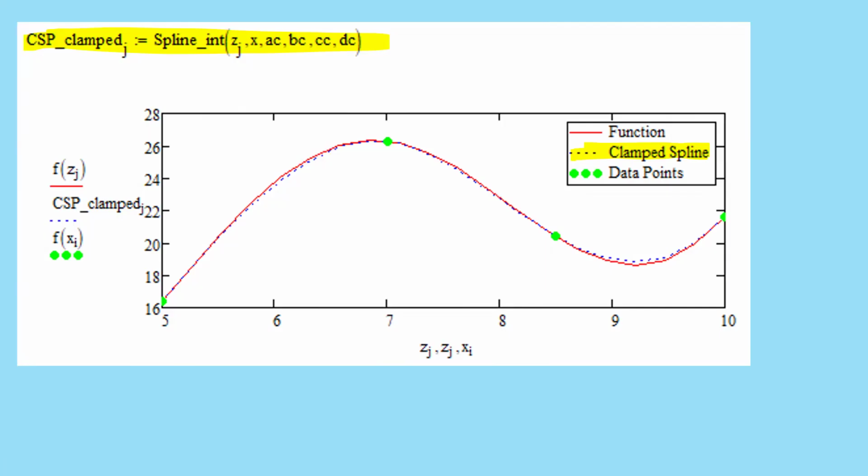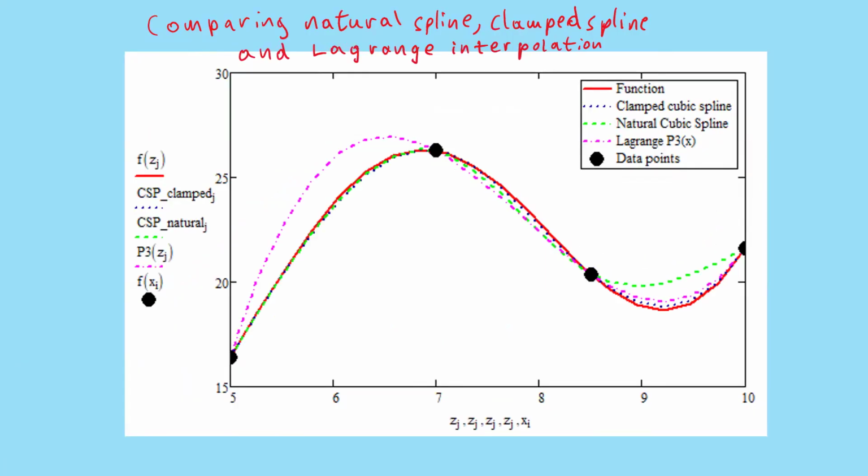To make it clear, let's compare Lagrange interpolation, clamp, and natural cubic splines. All three methods pass through the same data points, but the behavior between the nodes is different.